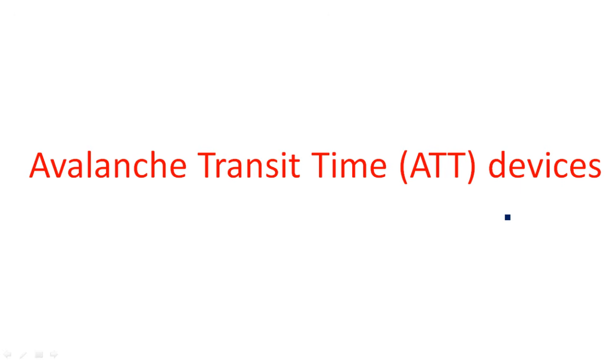So coming to the avalanche transit time device, what do we mean by avalanche effect? The avalanche effect generally exists in the reverse bias condition. When we study diode characteristics, we see forward bias and reverse bias characteristics. In forward bias, all these microwave diodes operate like normal diodes.